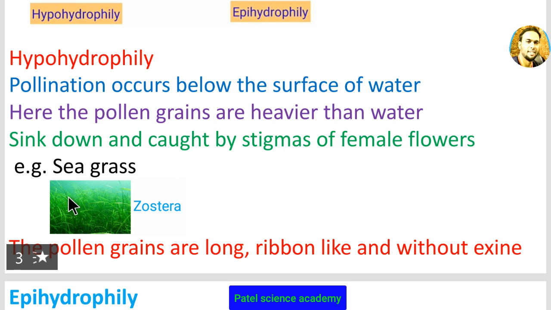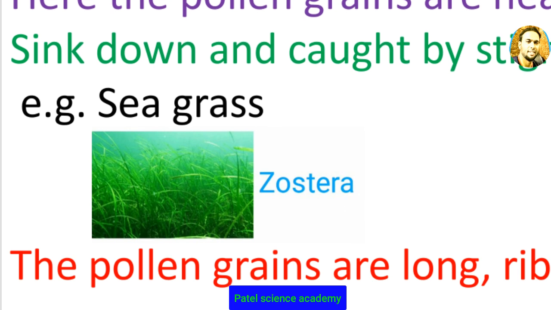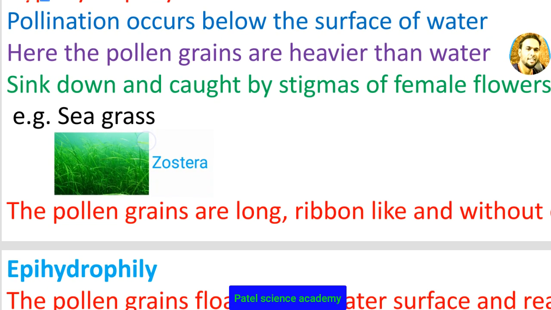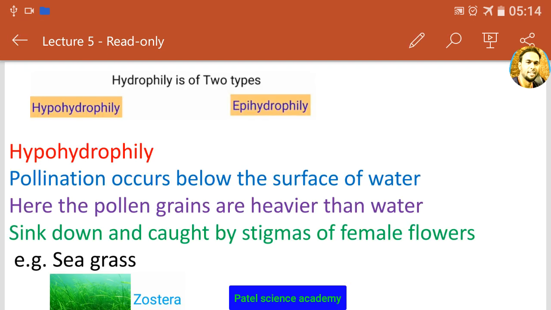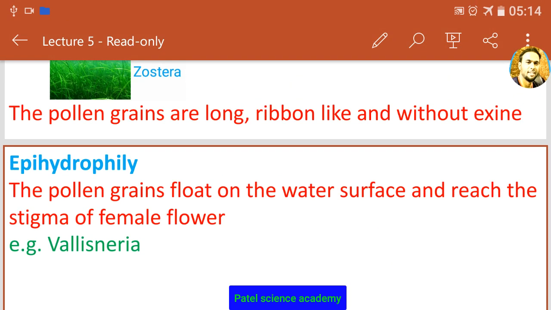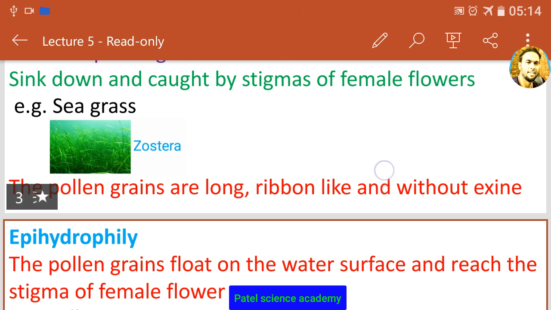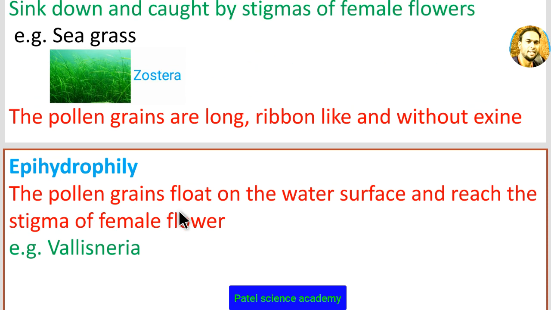For example, sea grass, Zostera. Here the pollen grains are long and ribbon-like and without exine.